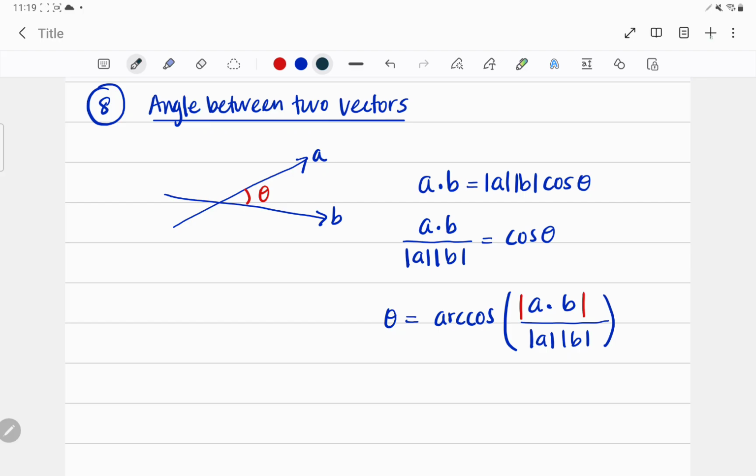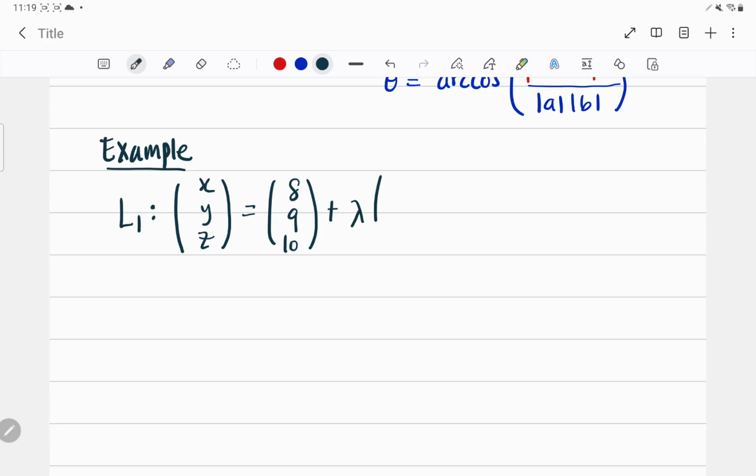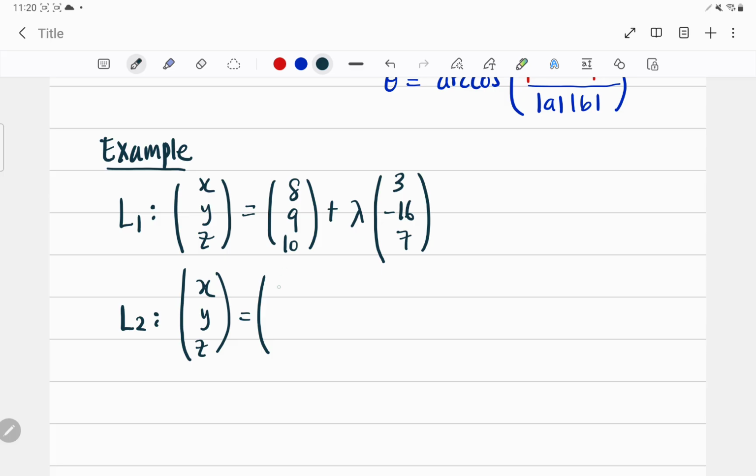Let me give you an example here. Let's say I have line 1, x, y, z equals 8, 9, 10, a fixed point, plus lambda times 3, minus 16 and 7. And there's another line, line 2, x, y, z equals 15, 29, 5 plus mu times 3, 8 and minus 5.